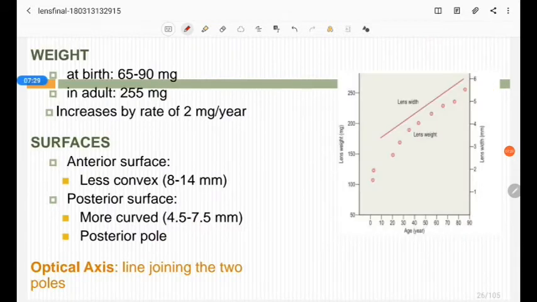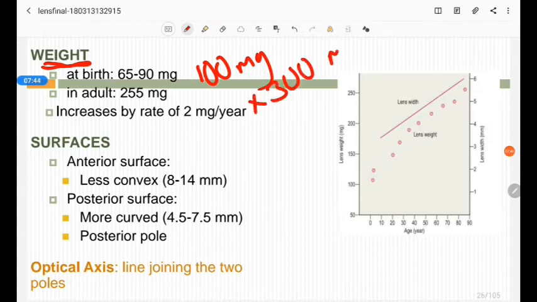Now coming to the weight of the nucleus, it measures around 100 milligrams at birth and triples to 300 milligrams by adult size. You should just know a rough weight, because if a statement says the weight of the lens is 300 milligrams at birth, you should be able to say that's wrong.